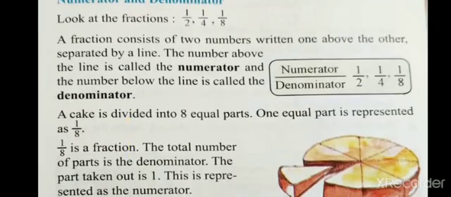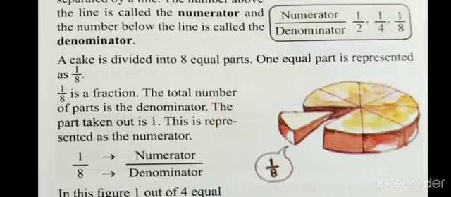A cake is divided into 8 equal parts. One equal part is represented as 1 by 8. 1 by 8 is a fraction. The total number of equal parts is the denominator.